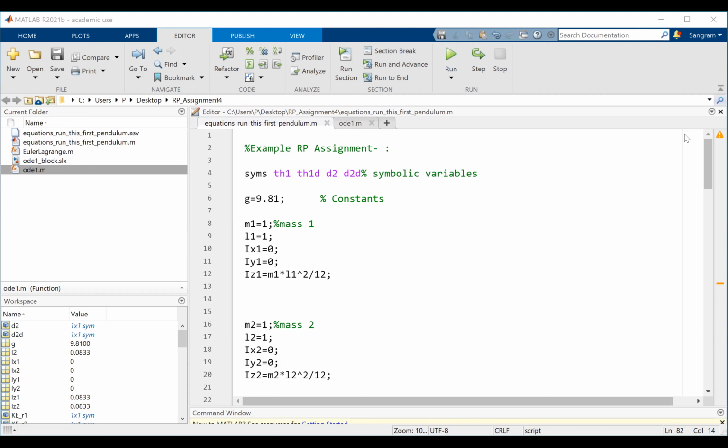Are you with me so far? It is extremely important that your sequence is the first joint variable, first joint velocity, second joint variable, second joint velocity variable. Everyone understood this?